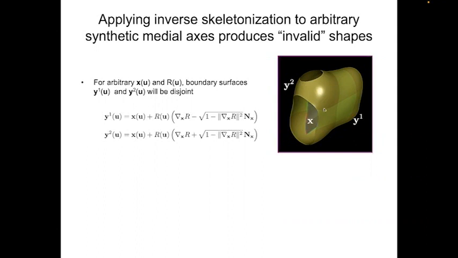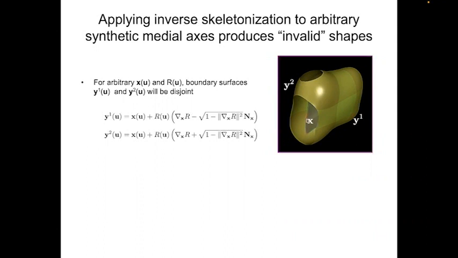The other problem is that if you put in arbitrary x and r, it's very likely that you'll end up with y that has all kinds of singularities, folds and stuff in it.